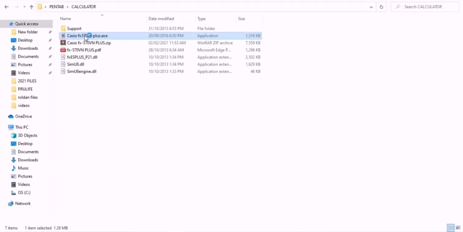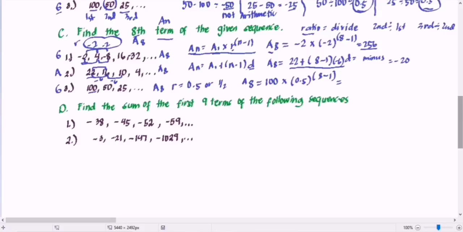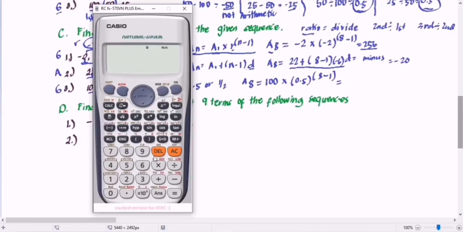So, lagay sa calculator. So, open natin yung calculator natin ulit. So, that is 100, copy natin, times parenthesis 0.5, close parenthesis, exponent, then parenthesis 8 minus 1, then close parenthesis, then equal sign, that is equal to 25 over 32 or 0.78.